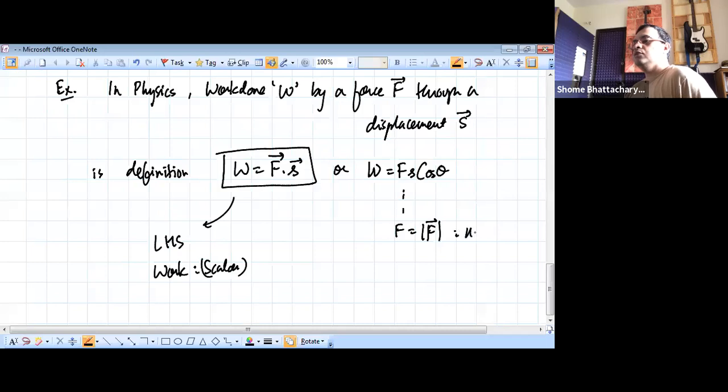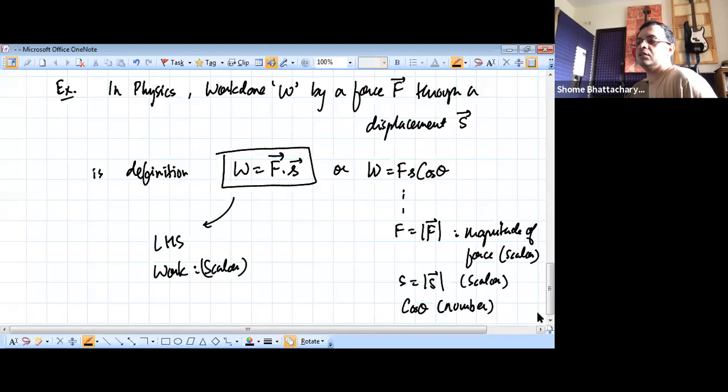So magnitude of a vector is a scalar quantity. No? Similarly, S is magnitude of S. So that is also a scalar. Yeah, and obviously cos theta is just a number. It's not even a physical quantity. So it's really a magnitude into a number. So that is nothing but a scalar quantity.